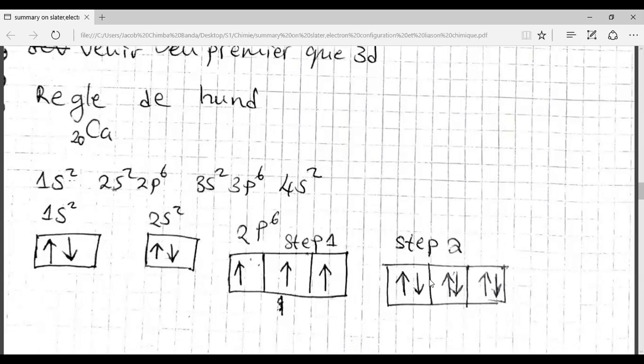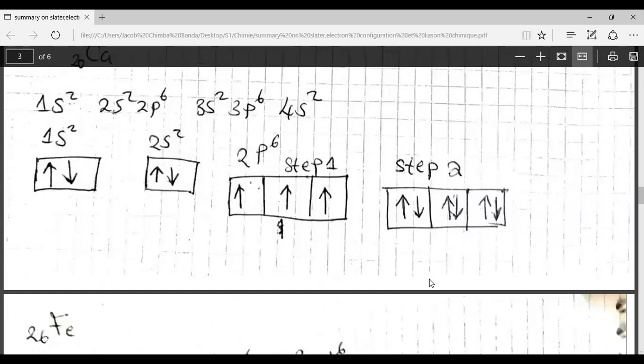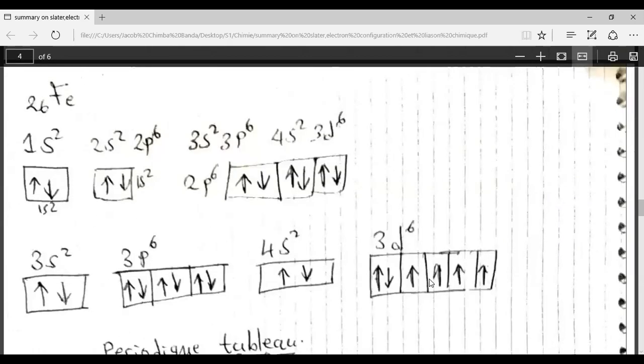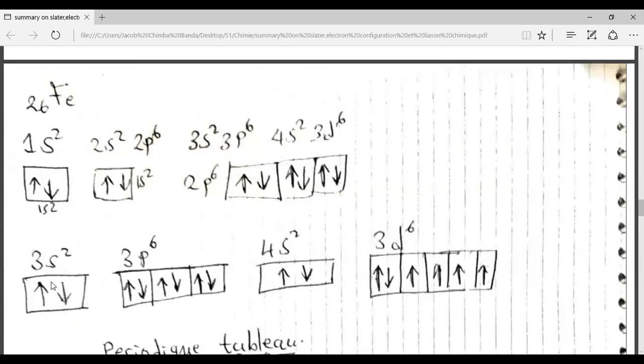Then there are some circumstances, like for this one: you have 1 down, up, down, 6, up, down, up, down, up, down. See this last one. You know that D must have 10 electrons to be full, so it must have 5 rooms if you divide 10 by 2.